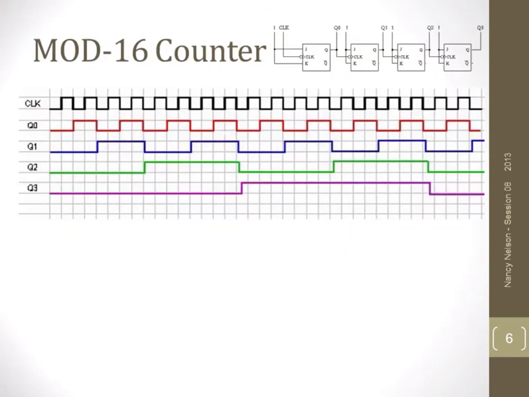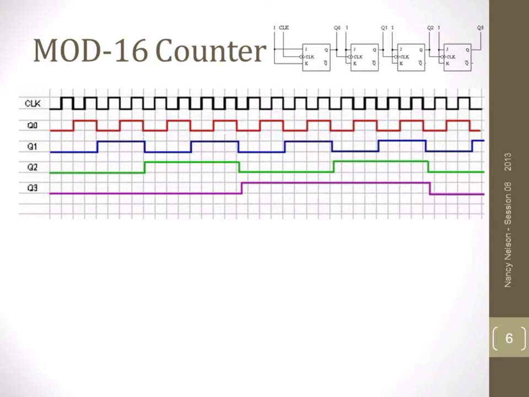So let's take a look at a waveform that's a little bit cleaner. Here we have the waveforms that we've just generated. We can see Q0, Q1, Q2, and Q3. And what I have done is I've shown, and we can see it probably most clearly here, the propagation delay that occurs each time. So each one's pushed out a little bit farther.